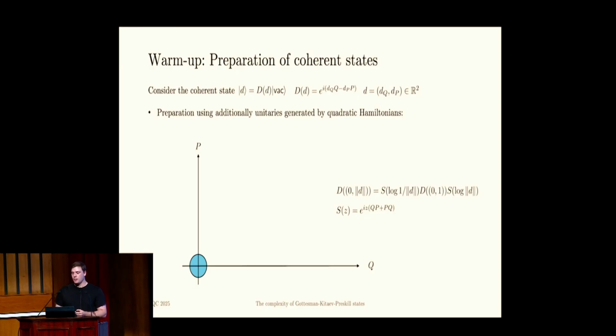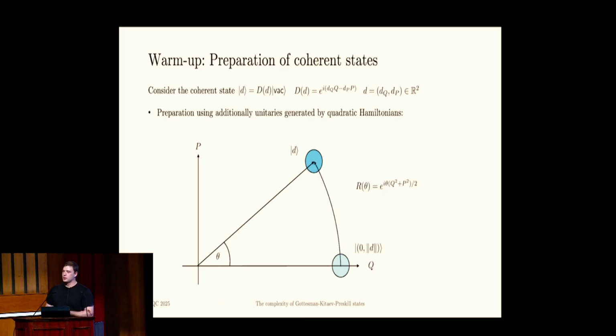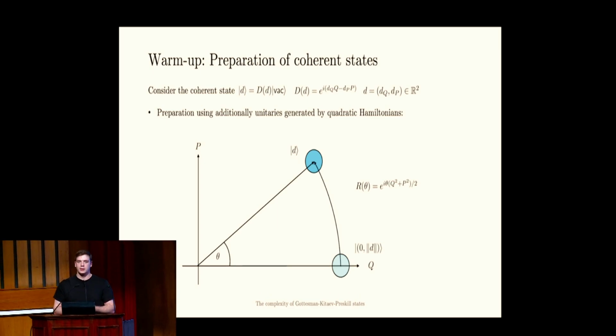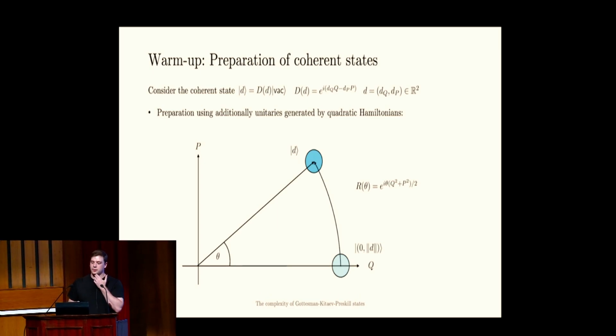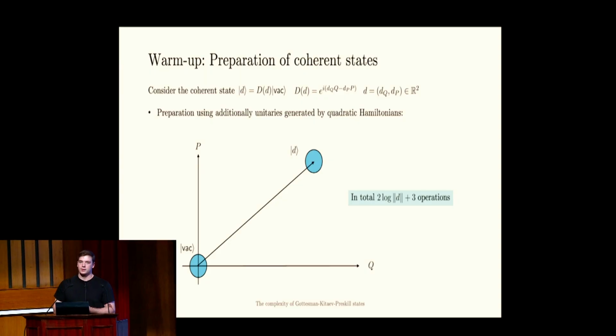And if we decompose the squeezing again in constant strength versions thereof, we squeeze the vacuum more and more, we shift it, and then we unsqueeze it in order to generate this coherent state. In the last step, we just rotate in phase space by an appropriate angle, which is by definition a constant strength operation. And if you do the calculation, you see that this only requires logarithmically many operations in the norm of D.